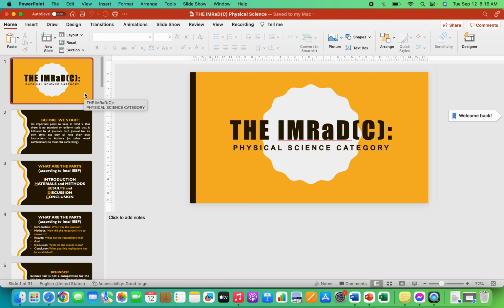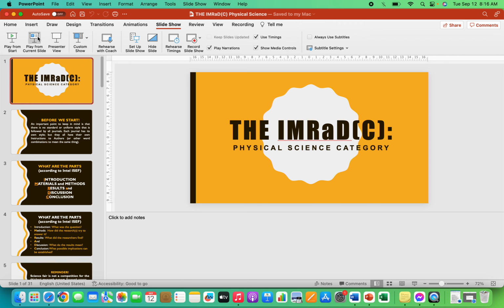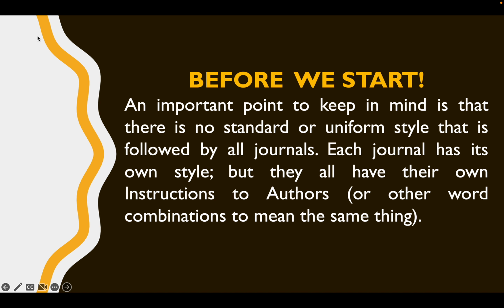Diba? Simple ra kaayo. Very nipis ra kaayo atong himuon nga research paper. Kay pila ra man to? 5 ra ka buok. Introduction, materials and methods, results, discussion, conclusion. So those are the 5 parts that we will write. Very easy ra kaayo, no?